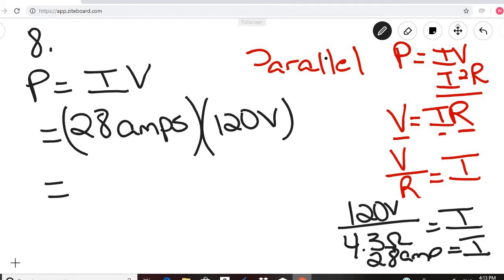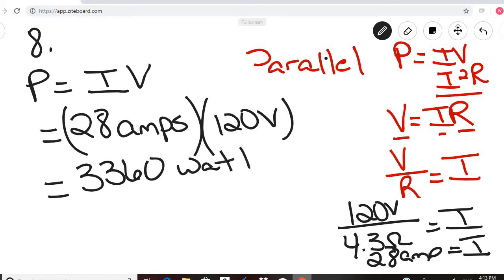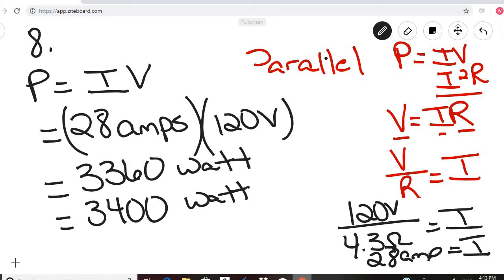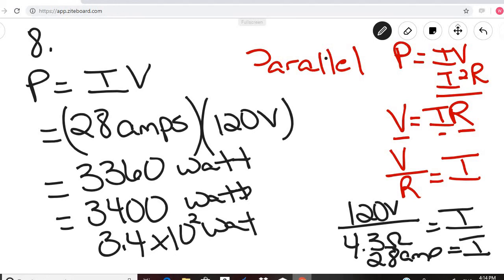So 28 times 120, you're going to get 3,360. An amp times a volt is a watt. We can have only two significant figures, so we would need to go to 3,400 watts, or you could say 3.4 times 10 squared watts.